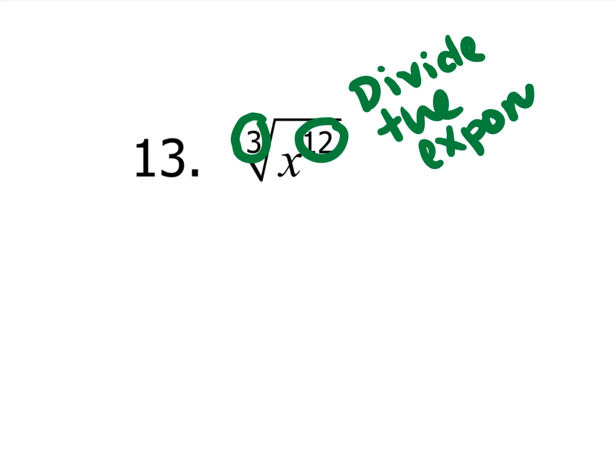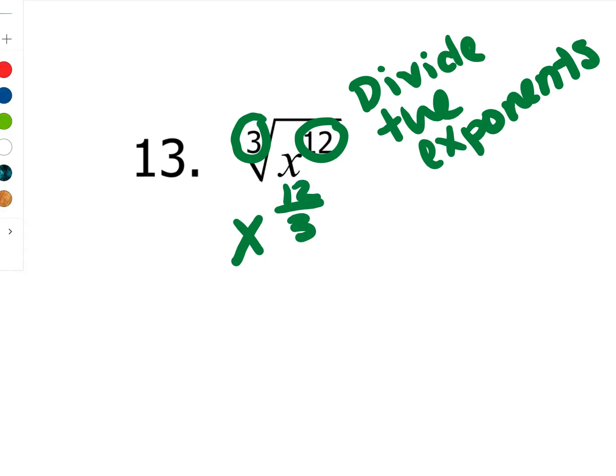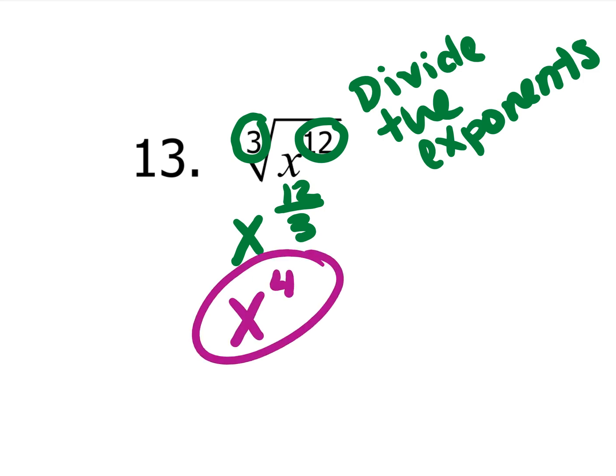You can do the inside divided by the outside. So when I write that, I have x and then I have 12 divided by 3. And these will work out pretty nicely. You're going to be able to divide them most of the time. So 12 divided by 3 is 4. So I have x to the 4th.